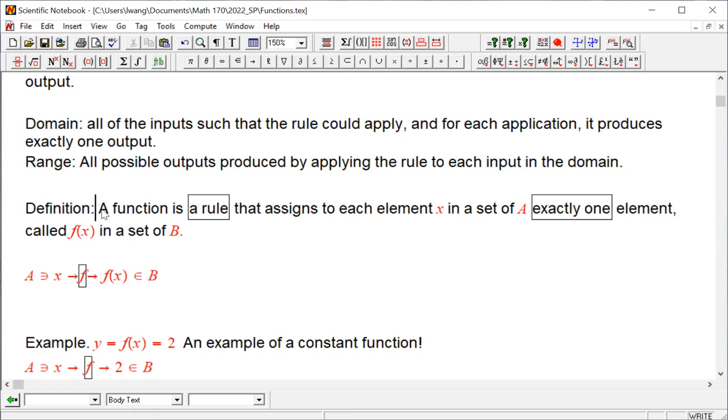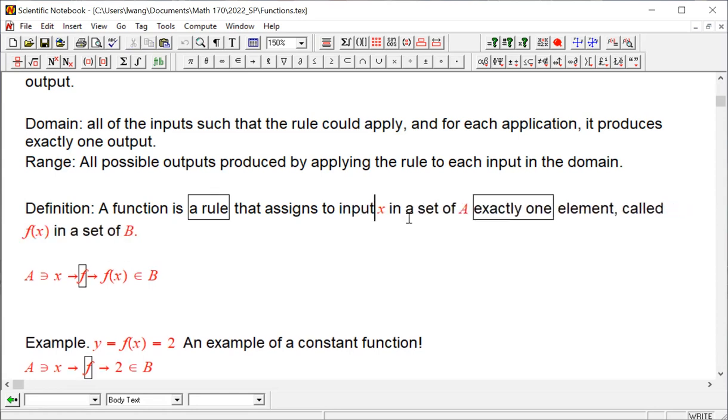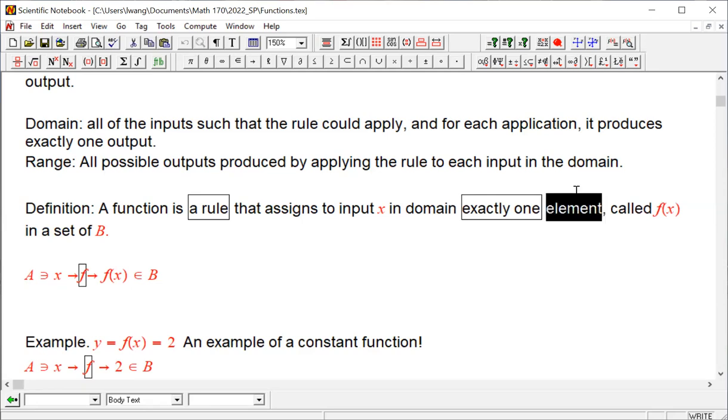So now we can say a function is a rule that assigns to each input in a set A, which we call the domain, exactly one output.